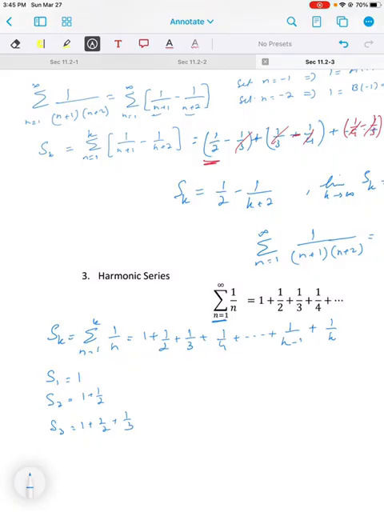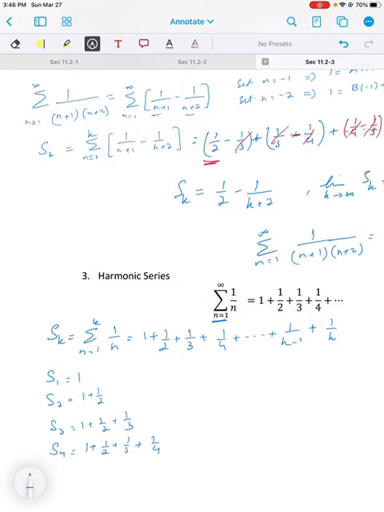Okay, we don't have to write each and every one, so let's skip some. First we write s sub 4, which will be 1 plus 1/2 plus 1/3 plus 1/4. And so you will notice that, well, again we kind of use a trick here.